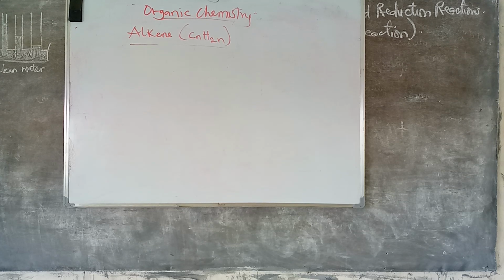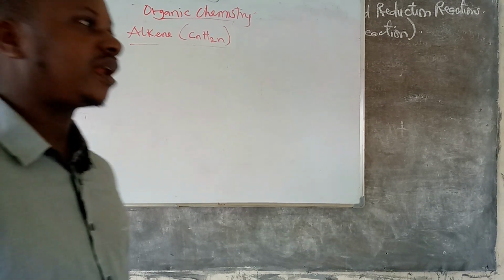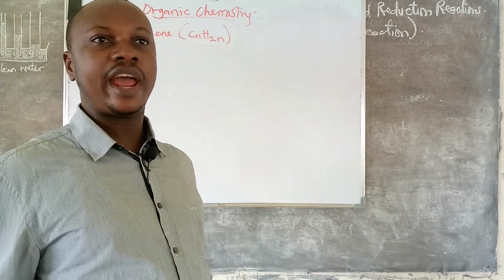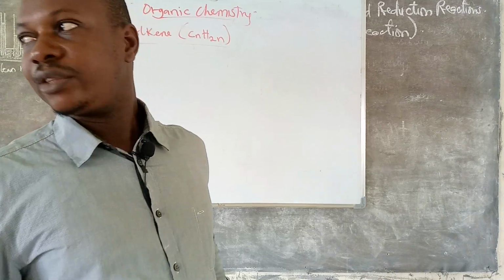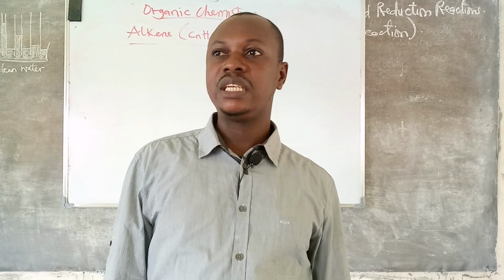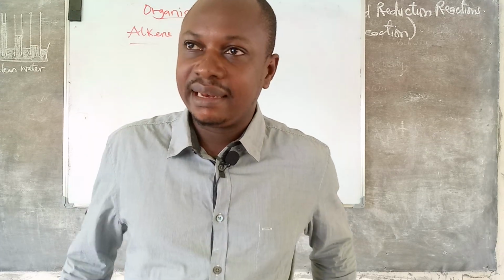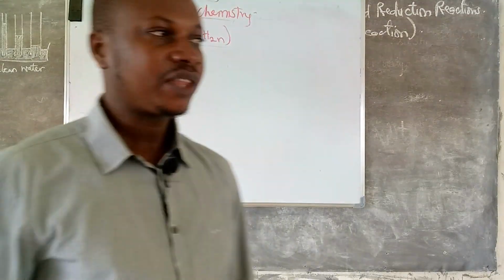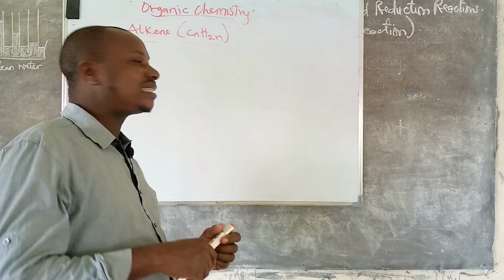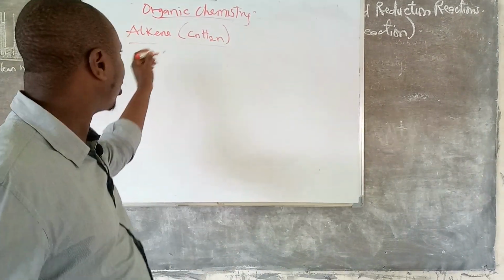Alkene homologous series. The general molecular formula is CnH2n. And just as I told you that alkane, the one we did in the last video, is saturated, alkene is unsaturated. The functional group present in alkene is the double bond.